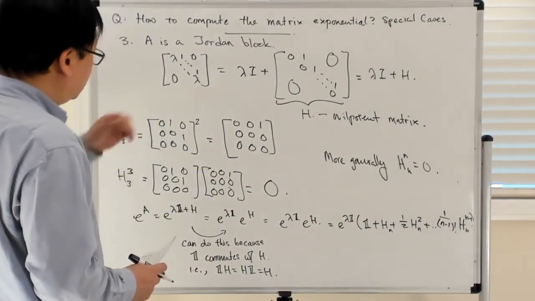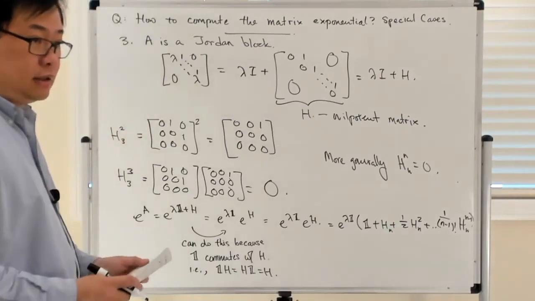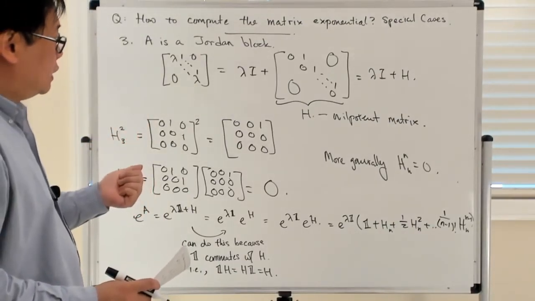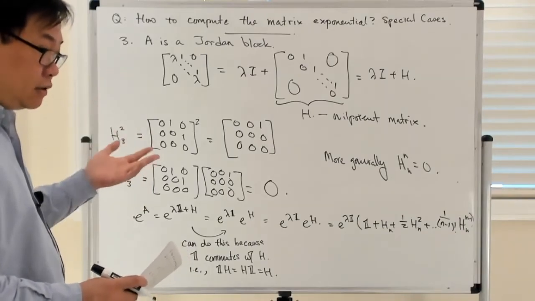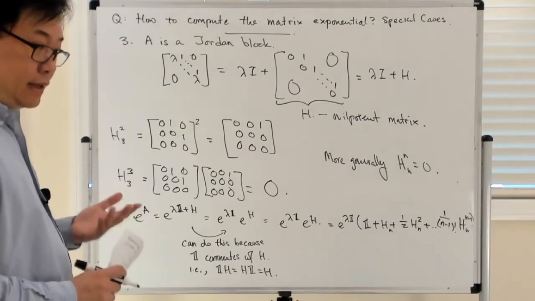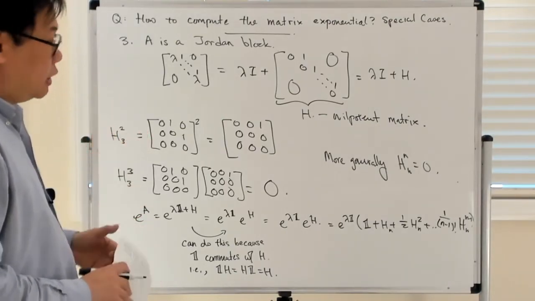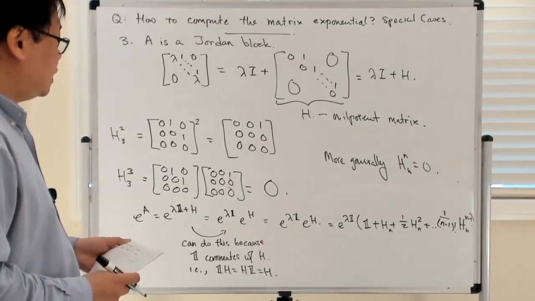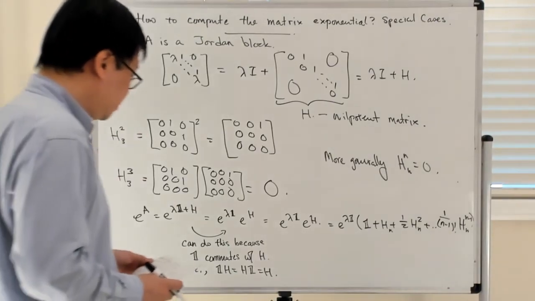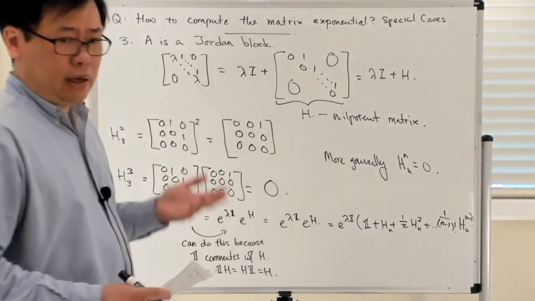Okay, so the basic idea then, we've looked at 3 important cases. The case where the matrix A is just a diagonal matrix. The second case is when the matrix has a complete set of eigenvectors. And the third case is when A is a Jordan block. And what we're going to see is that we're essentially going to talk about what is called the Jordan canonical form.